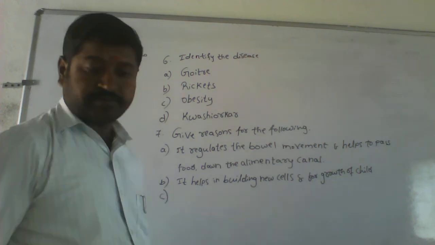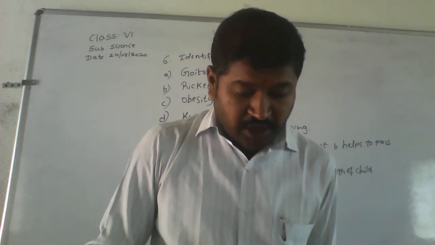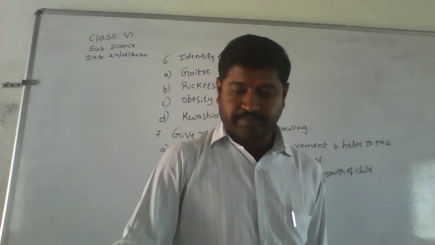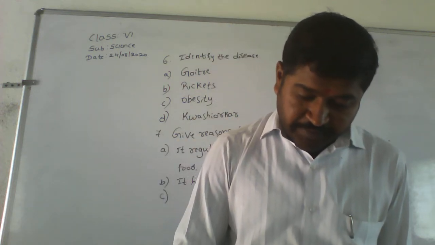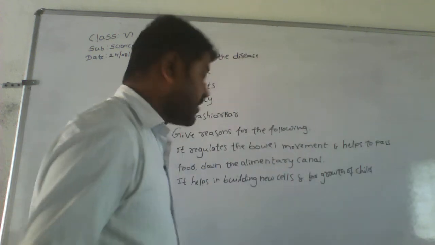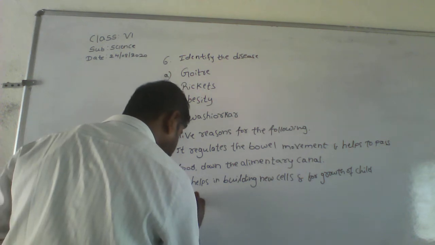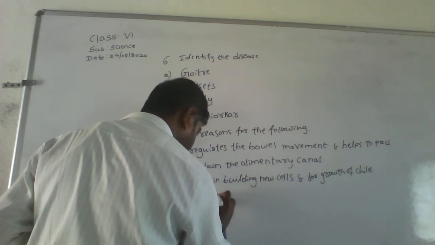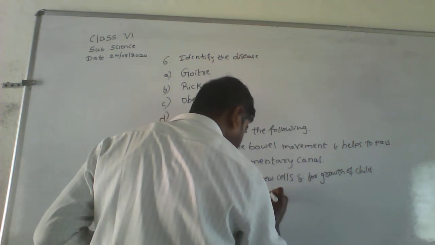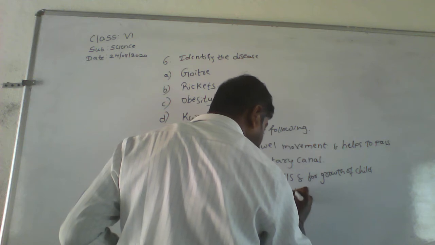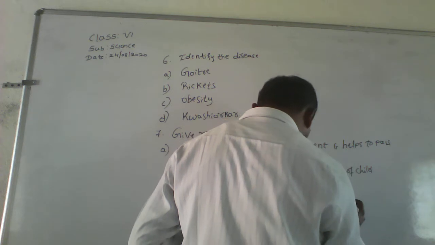Then the third one: food should not be heated over and over again. Why should food not be heated over and over again? Because the nutrients present in it are going to be destroyed.